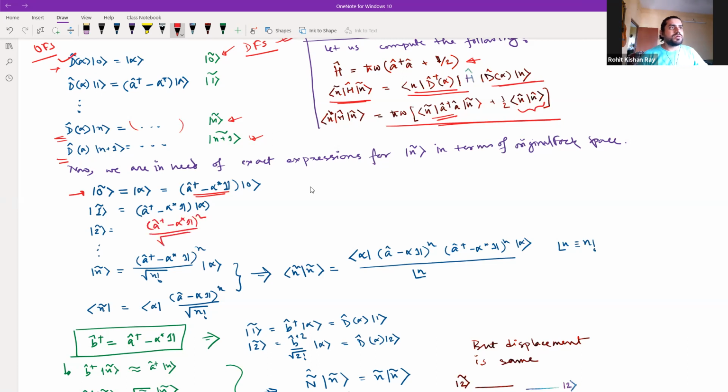We are not expressing with 0 yet, so let us keep it that way. Once we have that, we can write a general form for n. Similarly, for the bra part, we can also write it. Once we have these two, we can express that in the form of this expectation value.